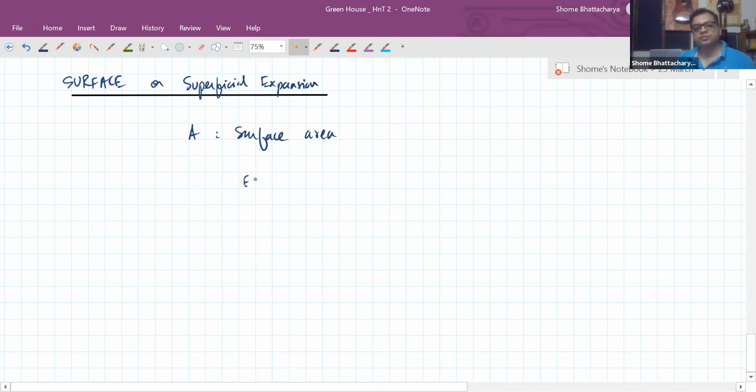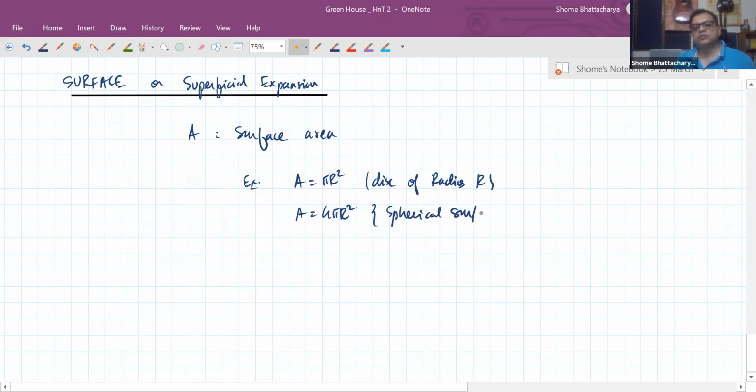For example, A could be pi r square for a disk of radius r, or A could be 4 pi r square for a spherical surface of radius r.